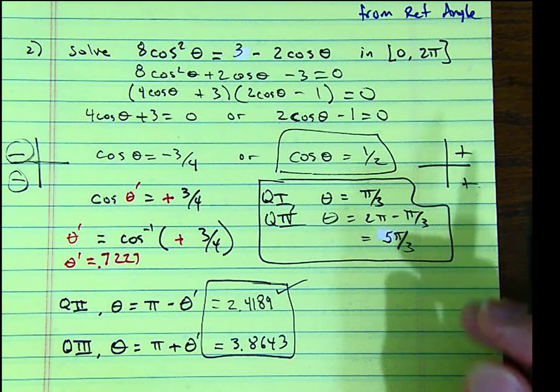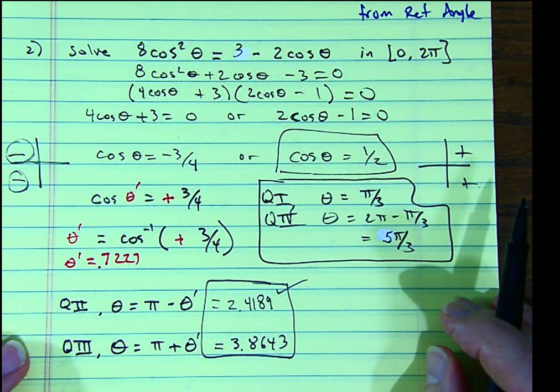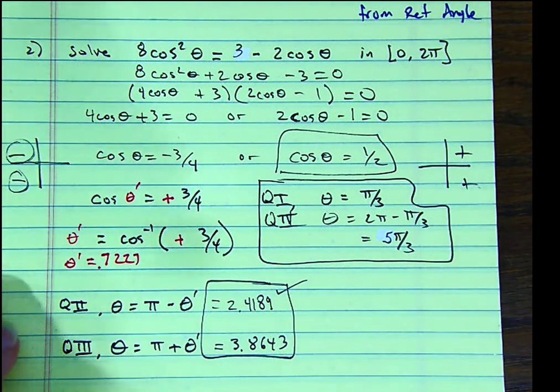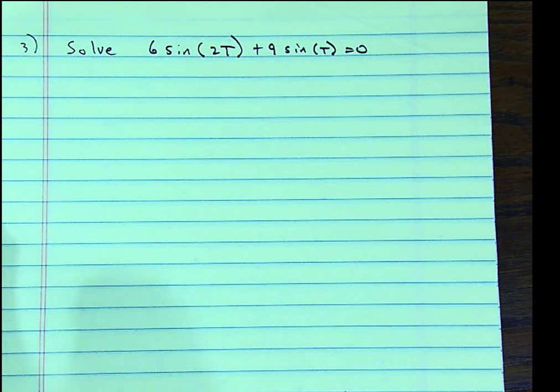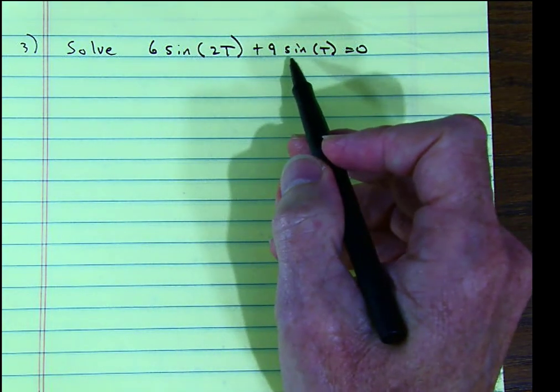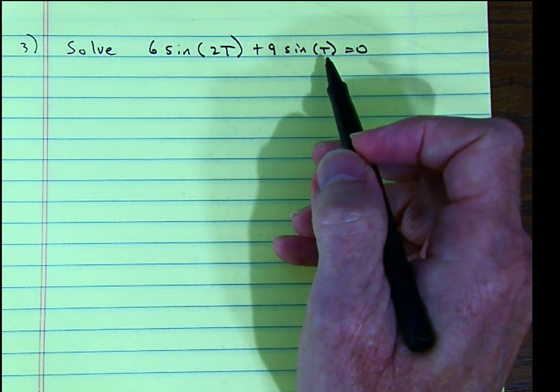All right, so this is examples of solving equations with trig expressions. I got one more equation for you. It's a little harder. 6 sine of 2t plus 9 times sine of t.